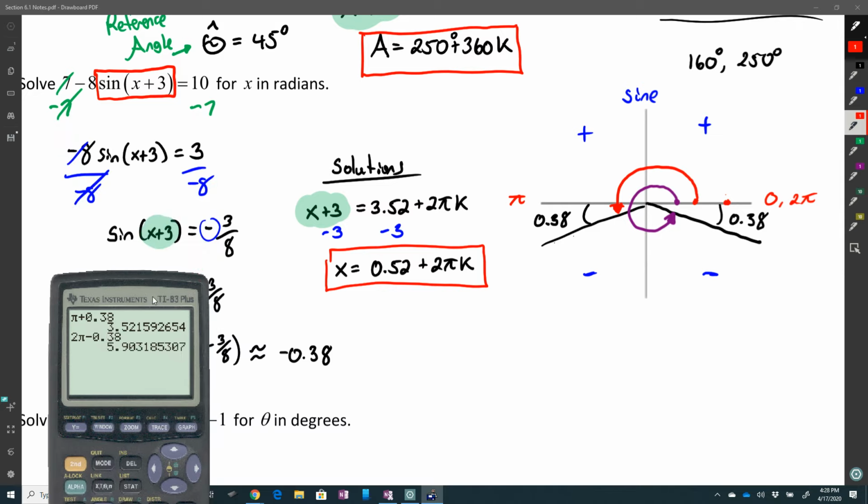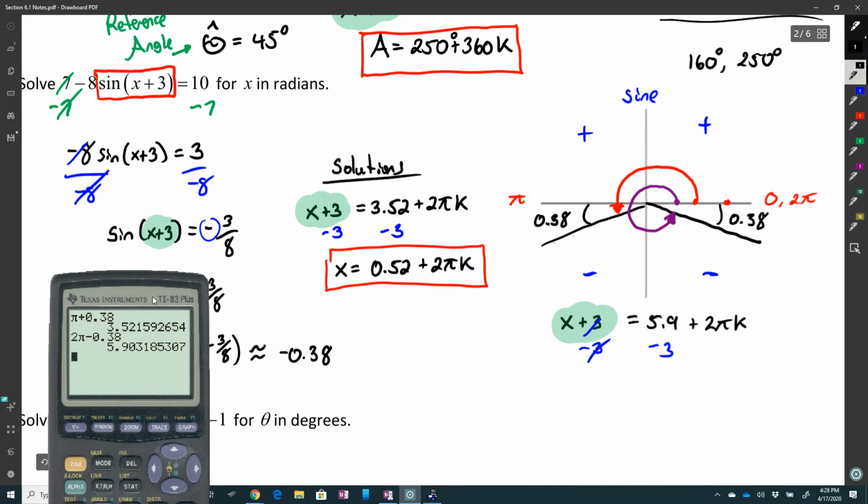And that's 5.9. So the other solution is x plus 3, the inside of the sine, is equal to 5.9 plus 2 pi k, and then you just subtract 3 from both sides.